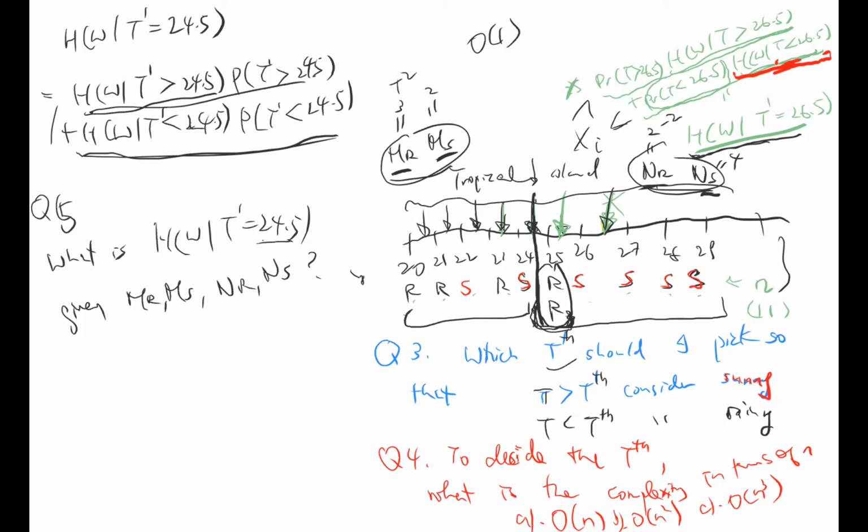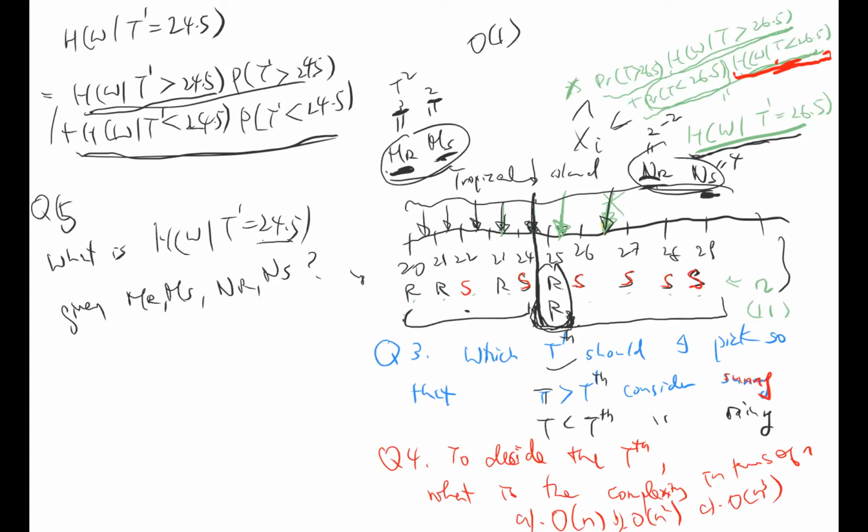MR is the number of rainy days with temperature less than 24.5. MS is the number of sunny days with temperature less than 24.5. Therefore MR is 3, MS is 2 here, and NR is the number of rainy days above 24.5, and NS is the number of sunny days above 24.5.